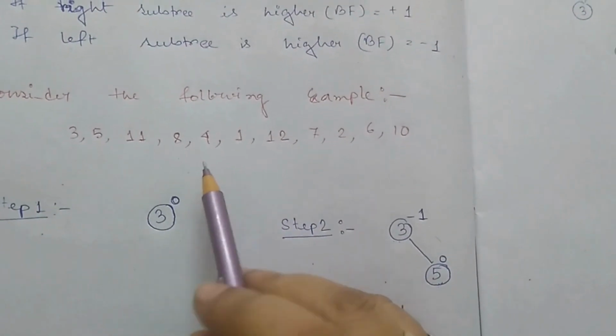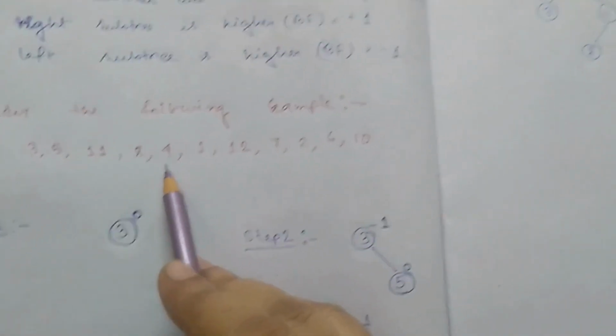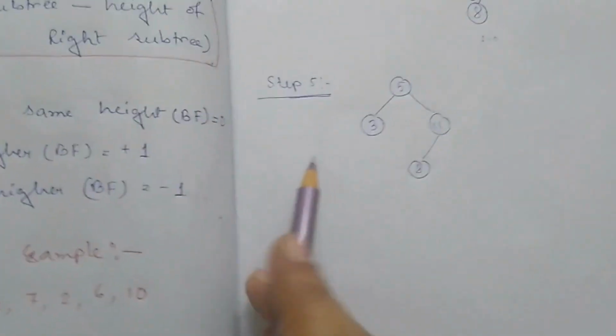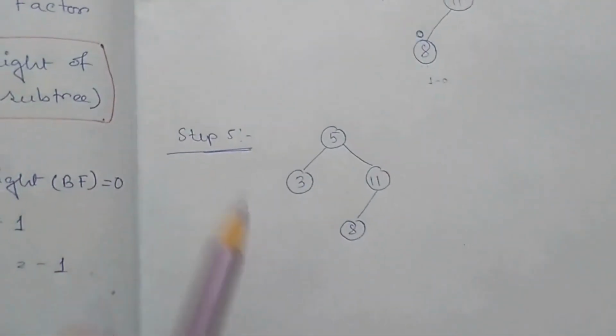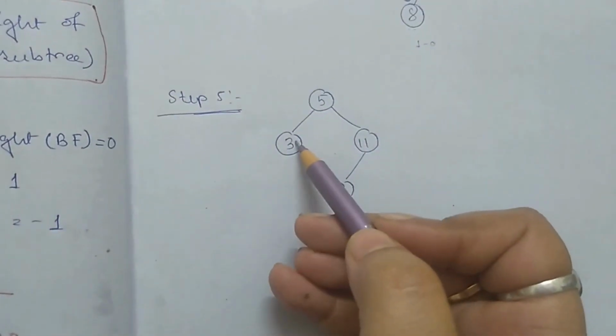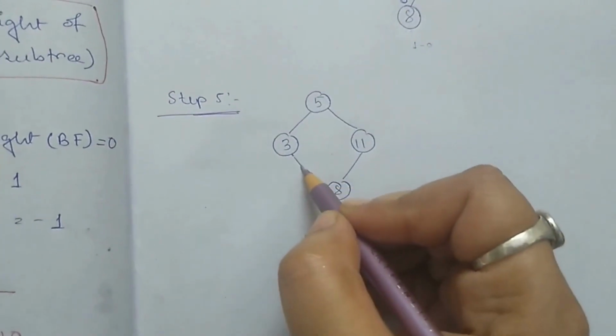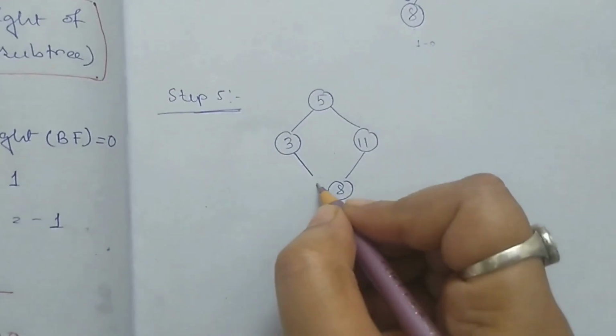Next we get the next node, that is 4. Here we apply step number 5. When we get the value 4, basically 4 is lesser than 5 but greater than 3. For that reason here we place the 4 value on the right hand side of 3.